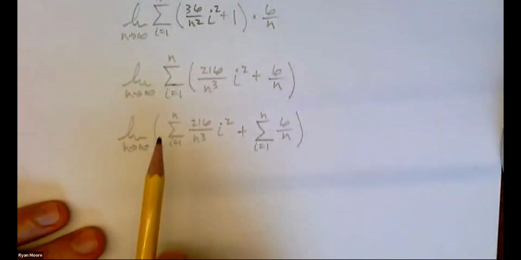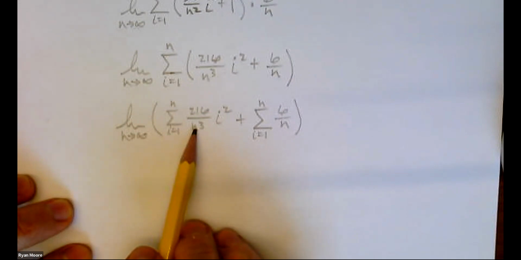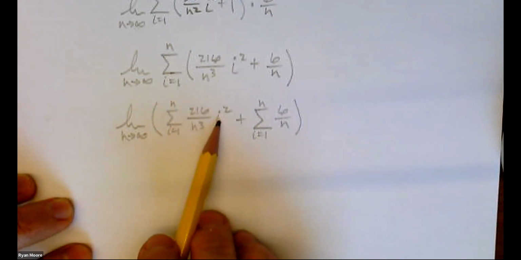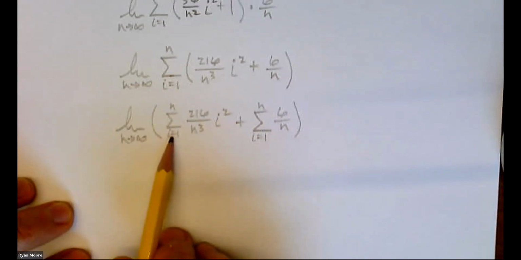Now, take a look at this first one. This right here, 216 over n cubed, does not involve i, right? Our summation is for values of i equals 1 to n. We'd be plugging numbers in here. So this is like a constant relative to our summation, which uses i. So I can take this and put it outside, kind of like what we would do with the derivative.